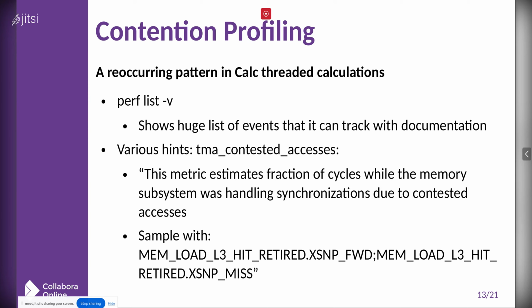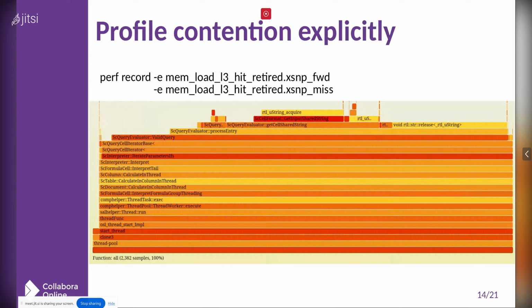And tucked away in all of this, basically copied and pasted in there from the Intel documentation for what they provide, is that you can sample how much contention there is for synchronization between threads, and the documentation would suggest this particular line, which you can then convert into the equivalent perf line or perf recording. Now you're recording only where all of the contention appears.